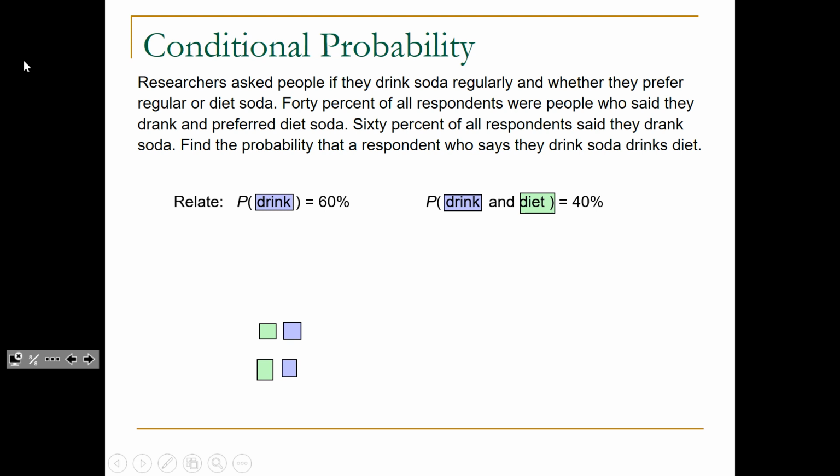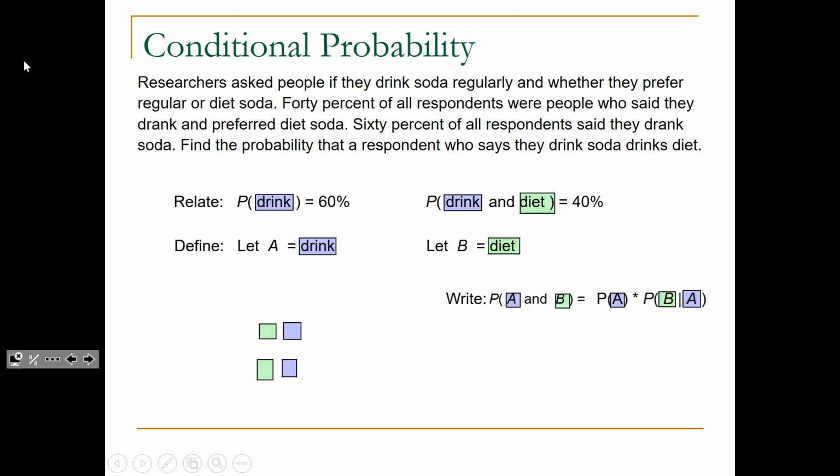Okay, so remember, A is my overall or my more general statement or my given. So my given here is the drinking soda is 60%. So this is going to be my event A. The likelihood of these both happening is our event B. Okay, so drinks a soda is A. The fact that it's a diet soda is B.